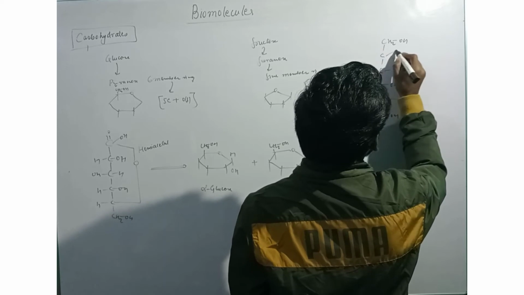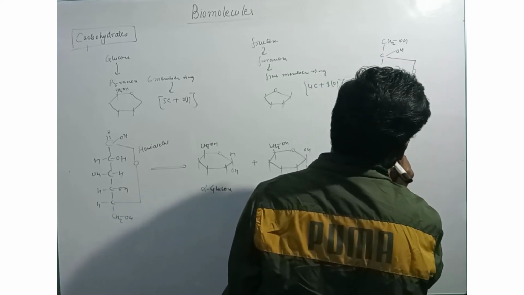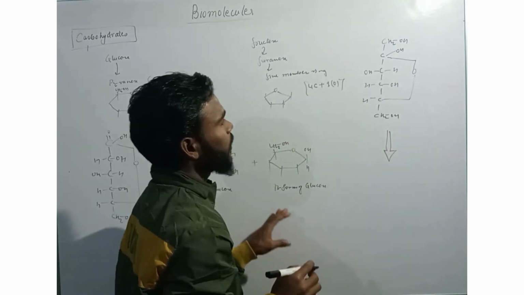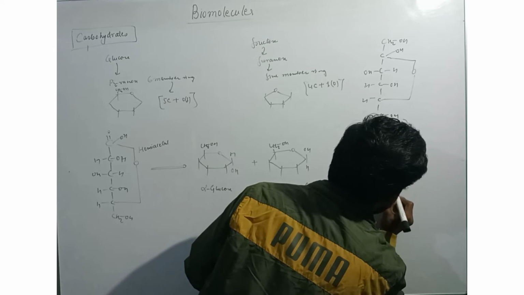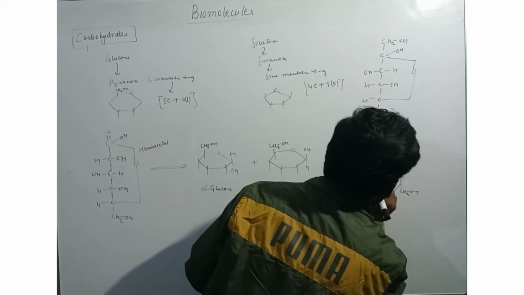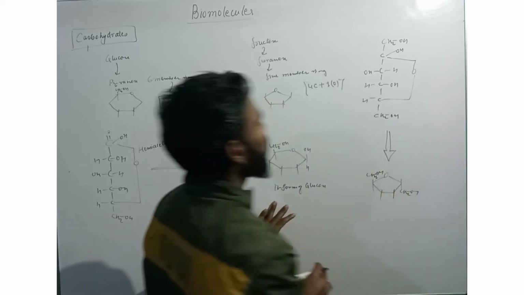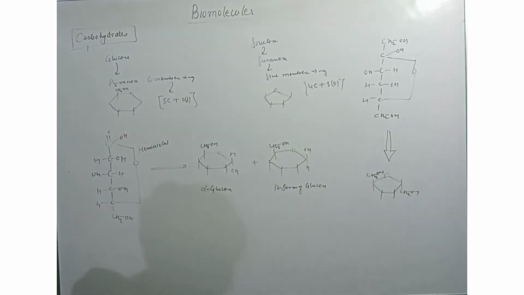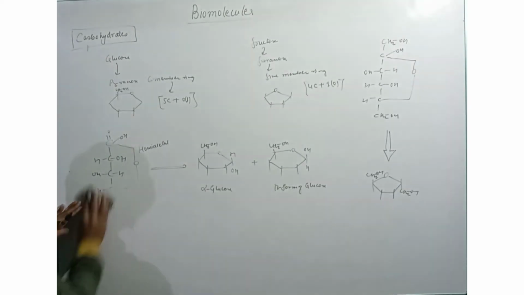So it becomes OH. Now this ring structure is called furanose. And it forms just like this. Now let's see. Now the monosaccharide is over. Now come to disaccharide.